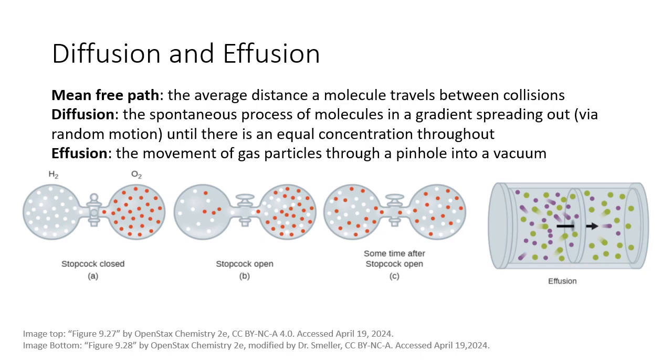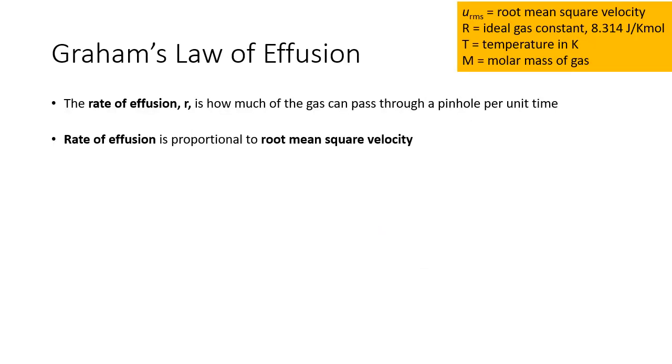We can quantify this relationship between the rate of mixing and the molar mass of the molecules. Graham's law relates the rate of effusion to velocity. The rate of effusion is how much a gas can pass through a pinhole per unit time. Graham said that the rate of effusion is proportional to the root mean square velocity.